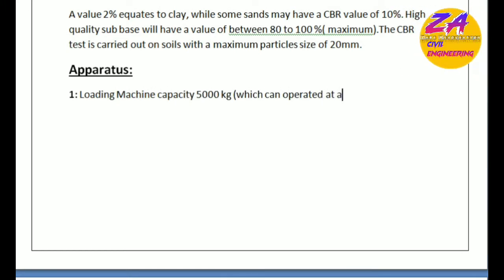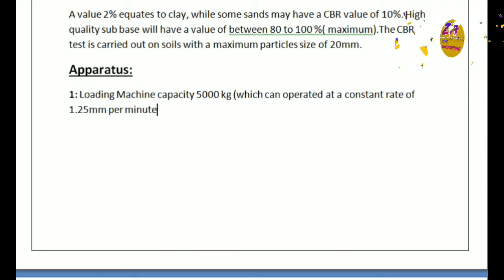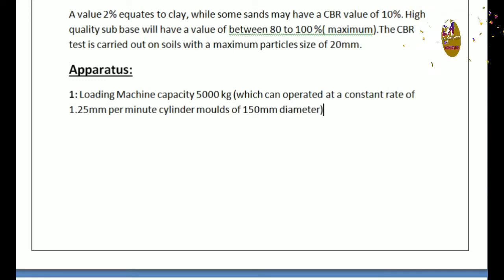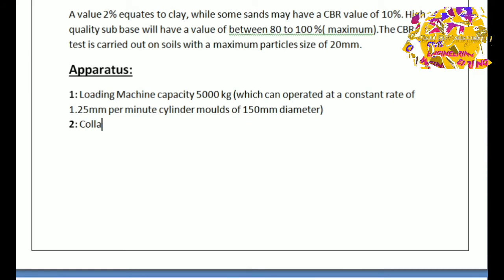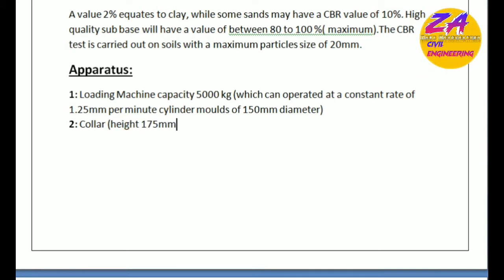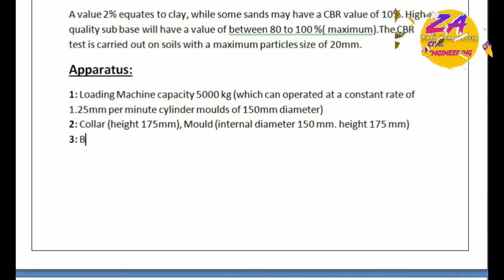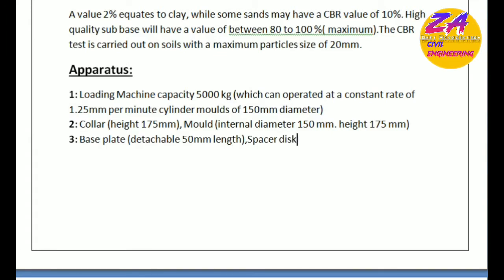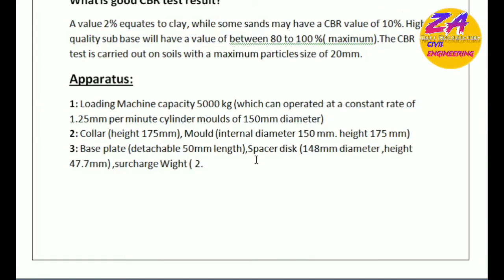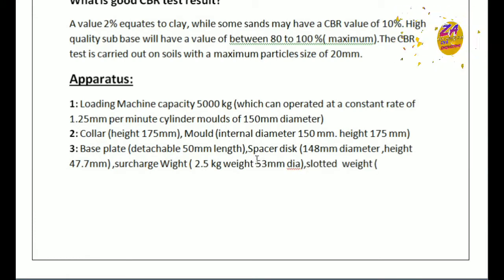First, a loading machine of capacity 5000 kg, which can be operated at a constant rate of 1.25 mm per minute. Cylindrical mold of 150 mm diameter. These are the basic characteristics of this loading machine. Second is the collar. Height of collar is 50 mm, mold internal diameter is 150 mm. Okay, and after this, slotted weights of 2.5 kg and a plunger of 50 millimeter diameter.